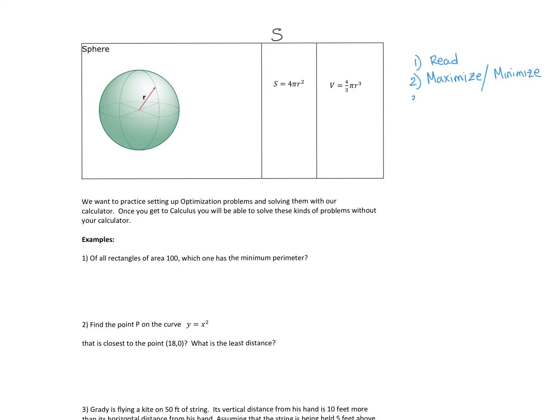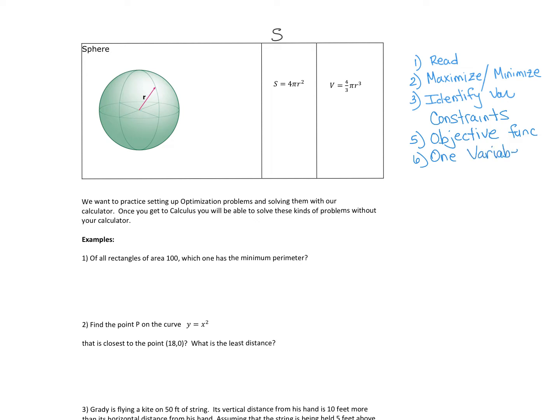Once we do that, we want to identify our variables. This is an important step. We're going to write down any information we know. We often call those our constraints. Then we're going to write our objective function. This is what we're trying to maximize or minimize. And we want to make sure that our objective function is in one variable.